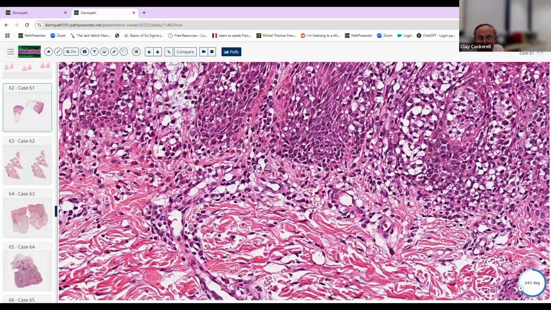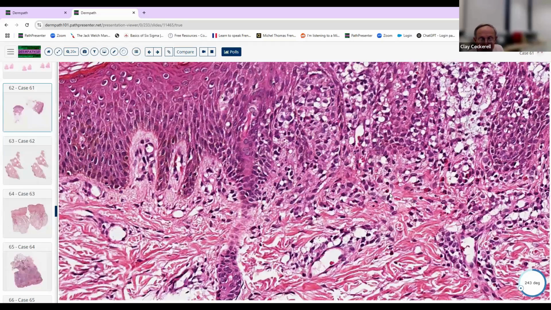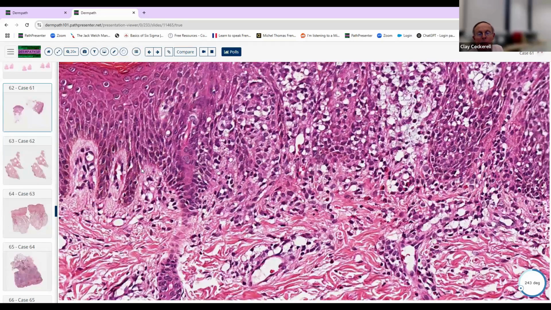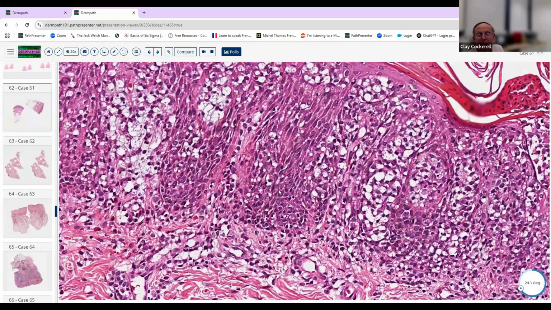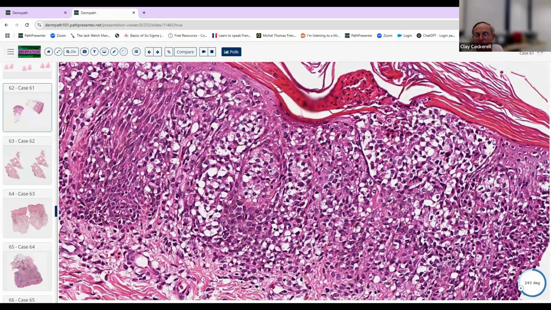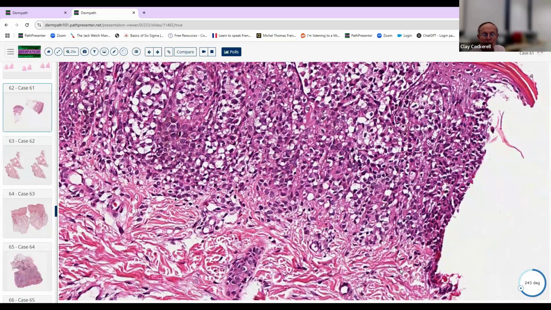There's no band-like infiltrate. There are no thick collagen bundles like we would see in MF. No classic histologic, cytologic features of the cells of mycosis fungoides. These have abundant cytoplasm, so they're more likely Langerhans cells. That would favor the diagnosis of Langerhans cell histiocytosis, given that you have these as choices.